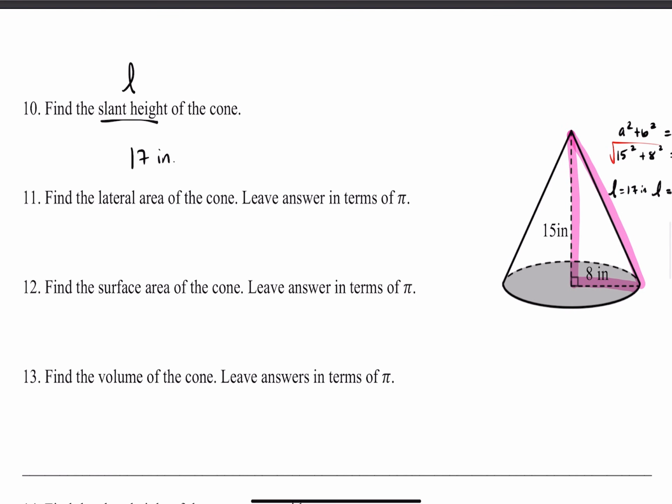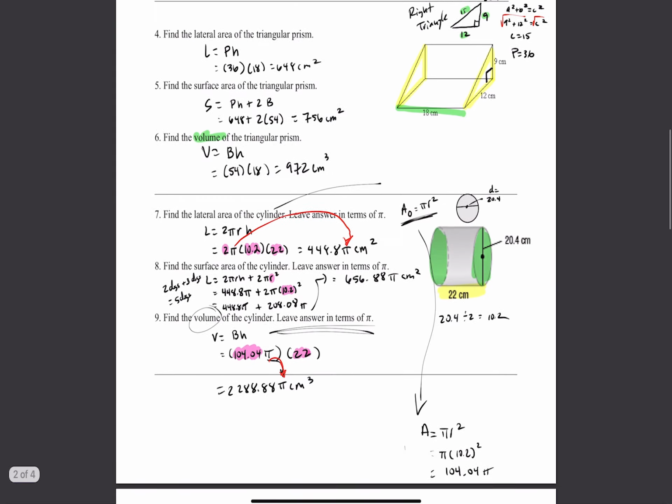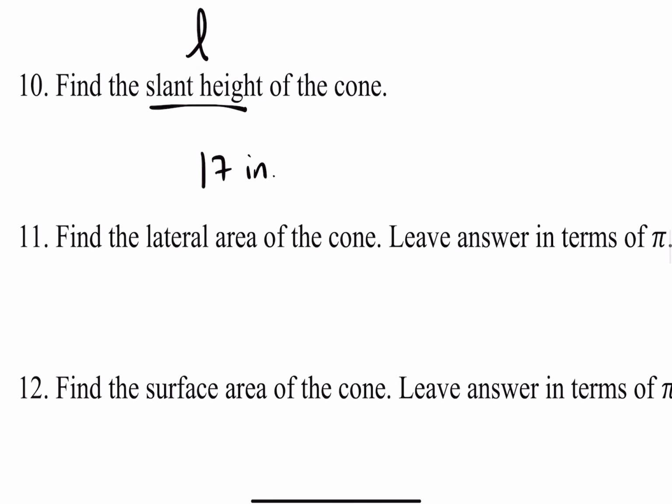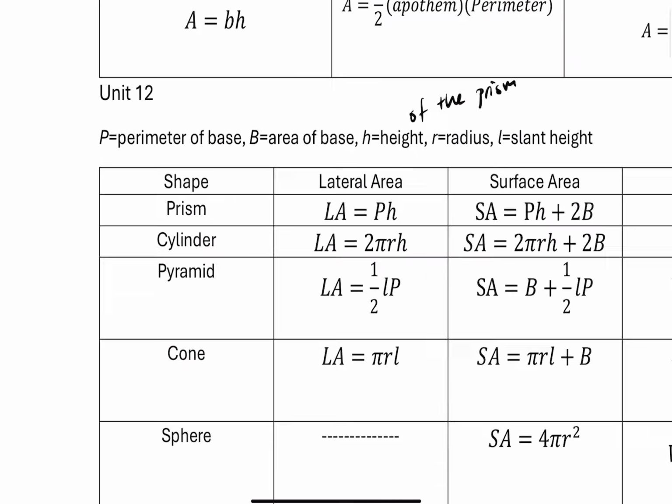11 says, find the lateral area of the cone, and you're going to leave your answer in terms of pi. When I see leave your answer in terms of pi, I know for sure circles are going to be involved, or in this case, we only have one circle. So I'm going to use that formula chart again. It says, find the lateral area of the cone. So cone, there you go.